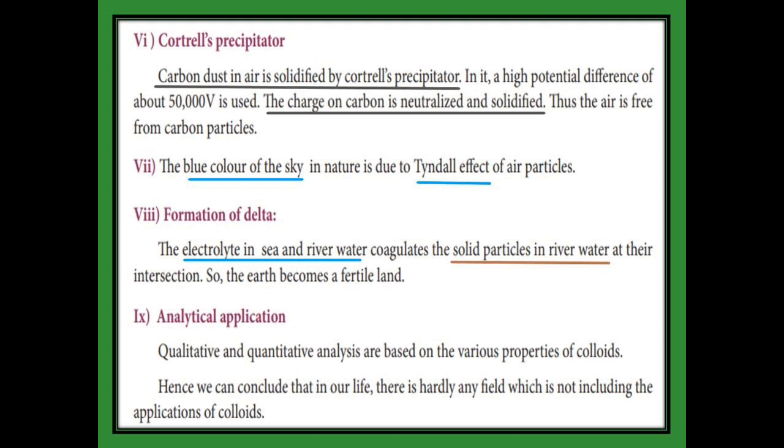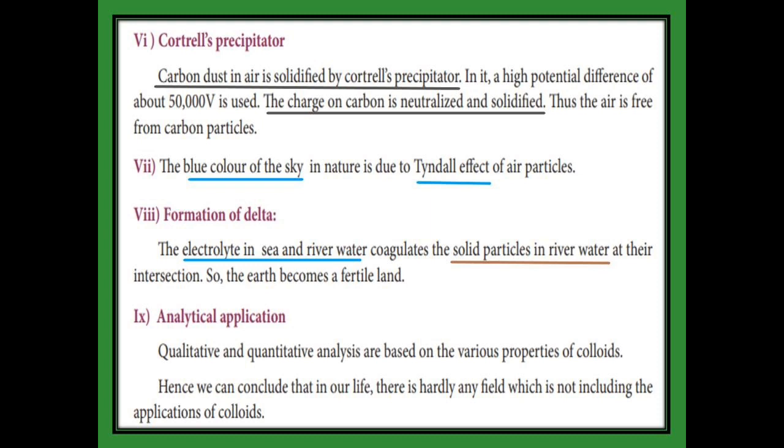The next one, formation of delta. When the sea and river water meet, coagulation takes place because the sea contains one type of charges and river water contains another type of charges. So mutual coagulation takes place. The solid particles are precipitated, that is called formation. In that place a delta is formed.